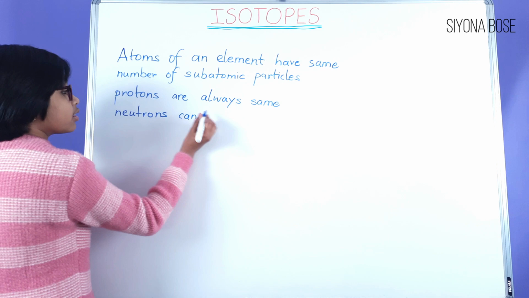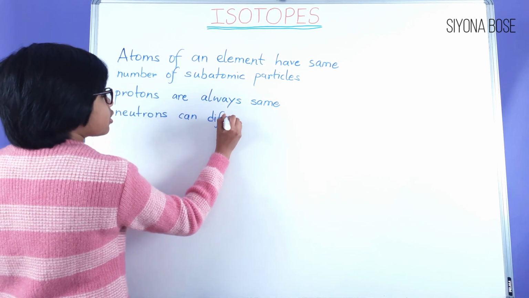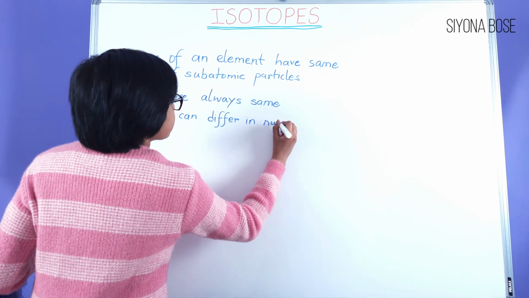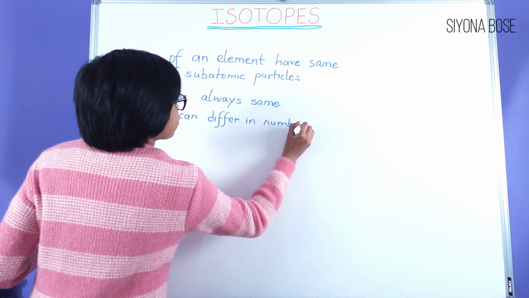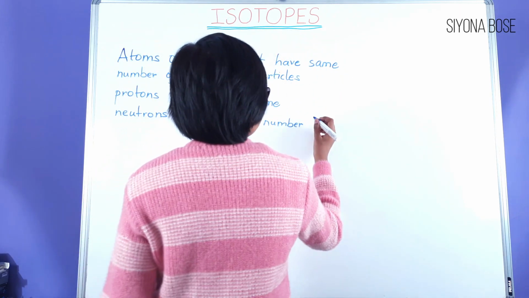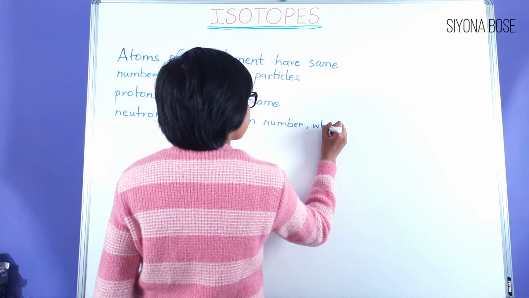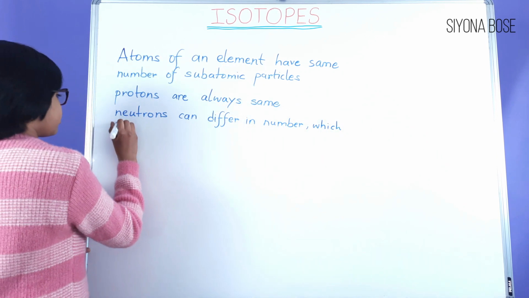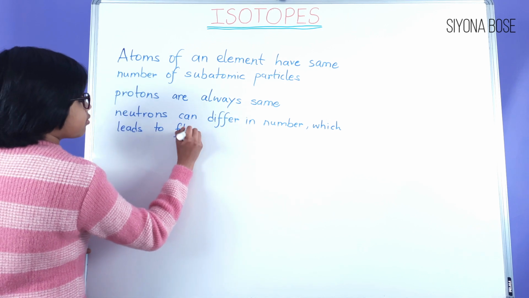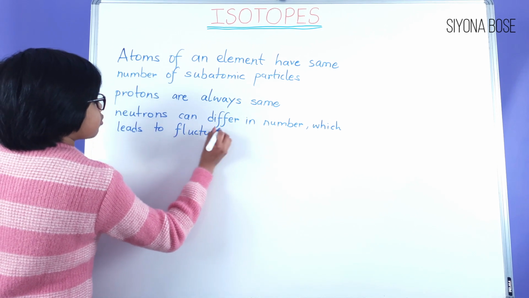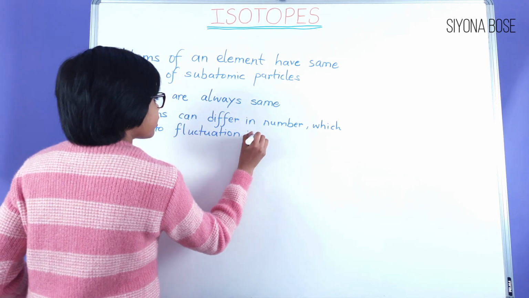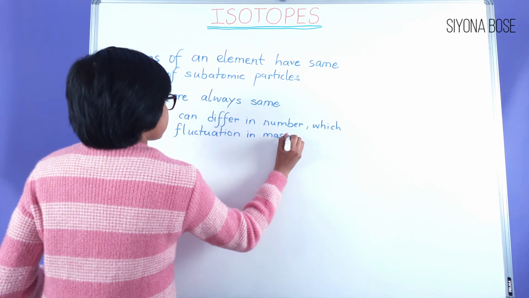Neutrons can differ in number, which leads to fluctuations in mass number, just mass.